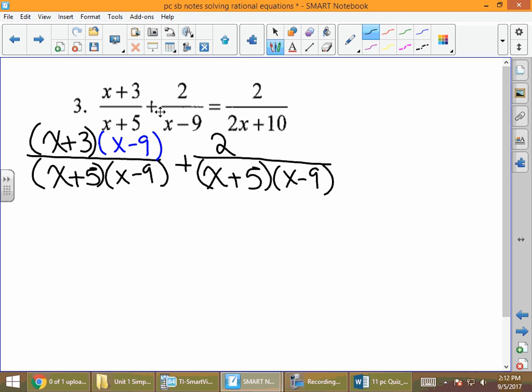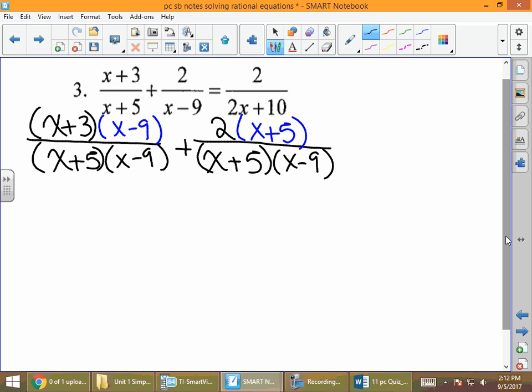The x minus 9 was already there, and now we have an x plus 5. We are currently trying to combine the left side of this equation with the common denominator.